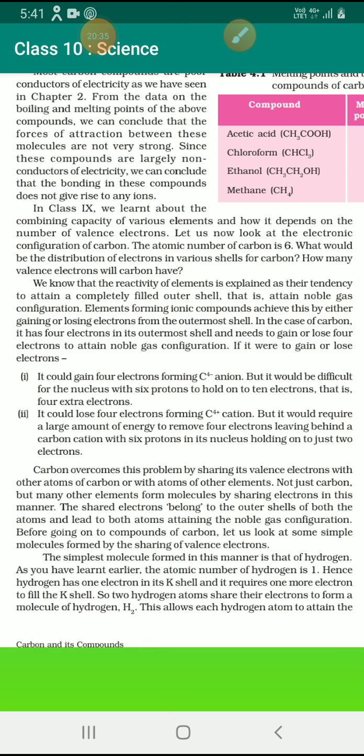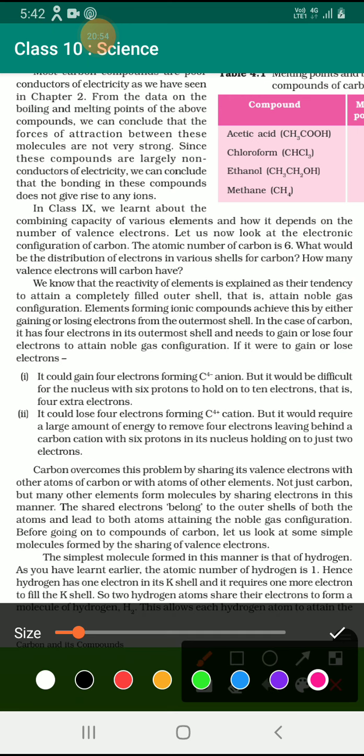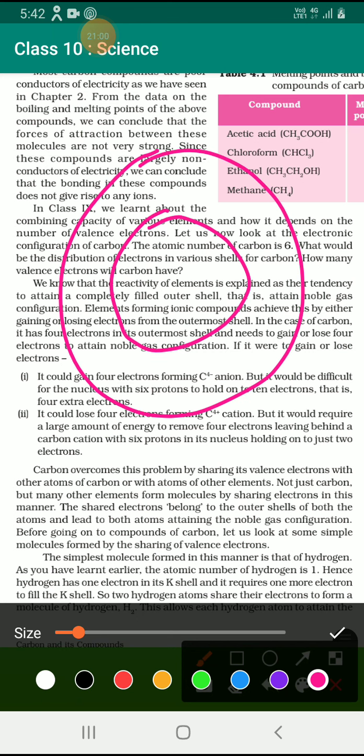The noble gases also we have discussed. Okay, the elements which have the octet arrangement in their outermost shell, for example, the elements like noble gases. Look at it. For example, suppose this is the first shell, this is the second shell, and here at the center there is a nucleus, right?